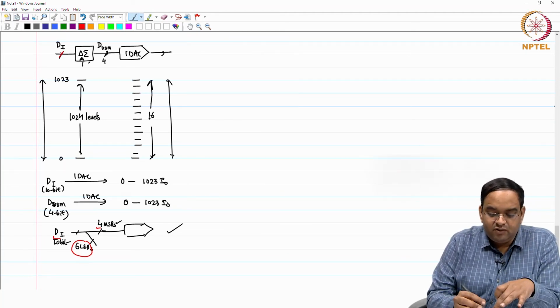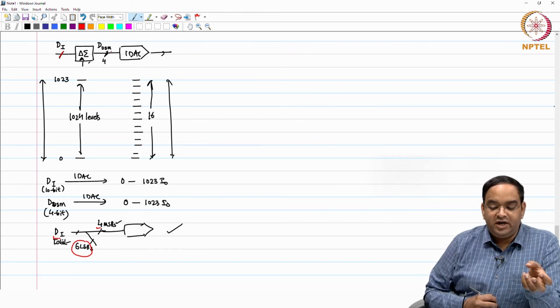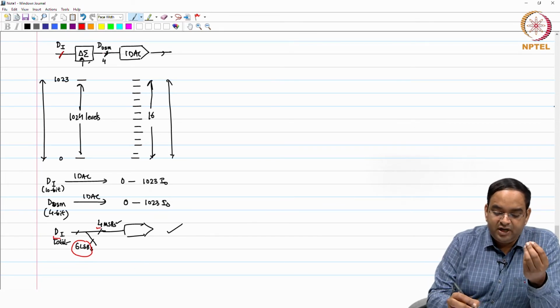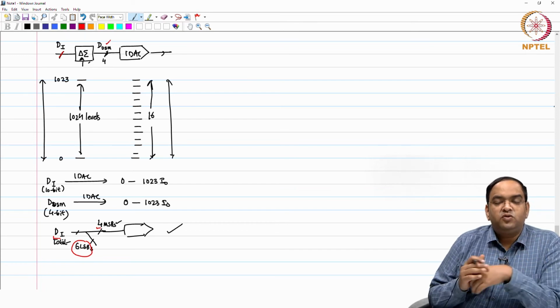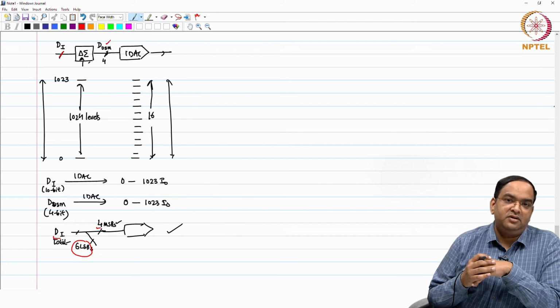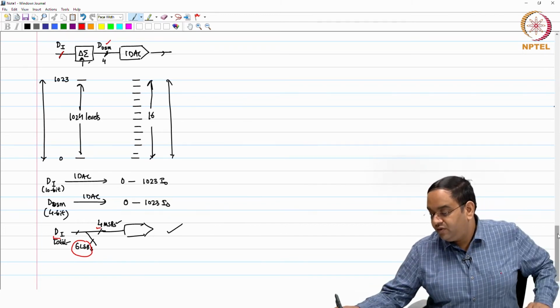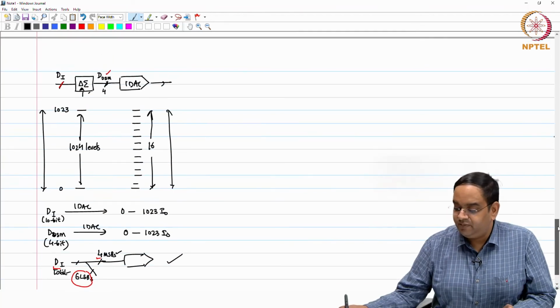Similarly, when you are converting from DI to DSM, you will also see the quantization, and the only difference is that this quantization error, when you see it at the DSM output, is noise shaped. We will not go into the detail of how this noise shaping happens.